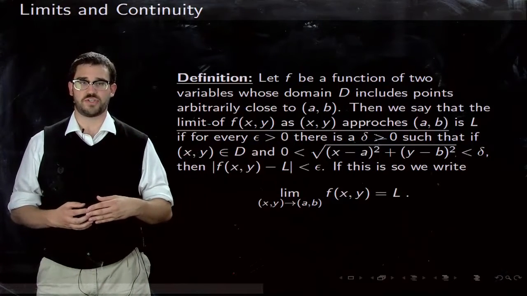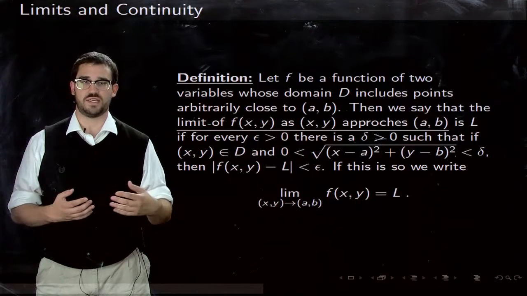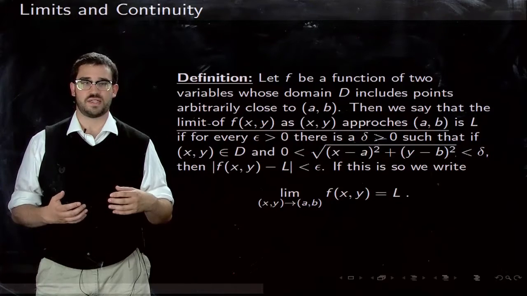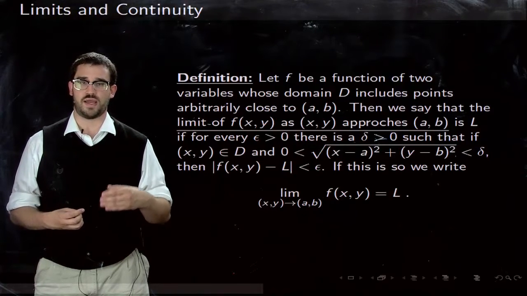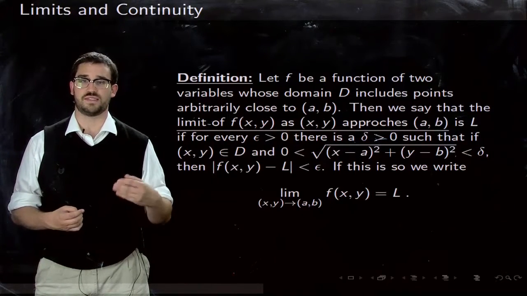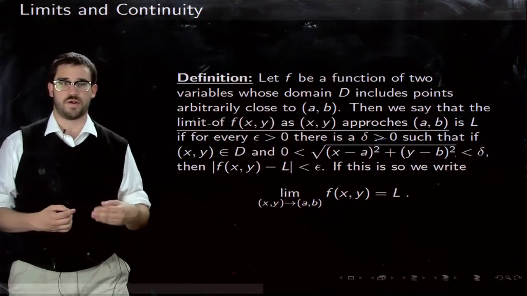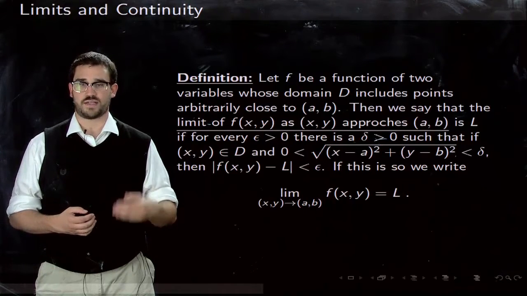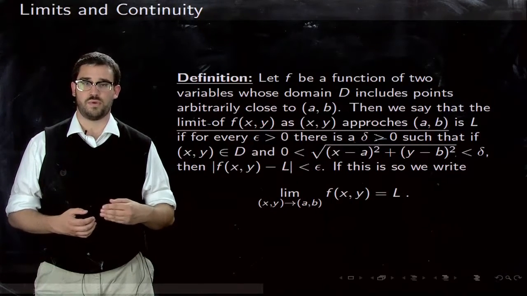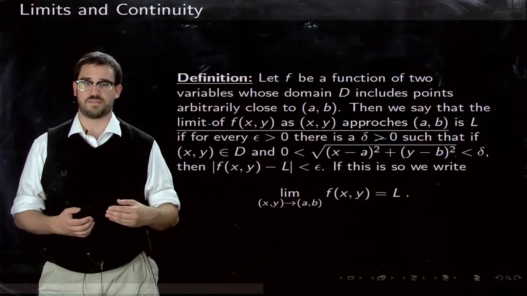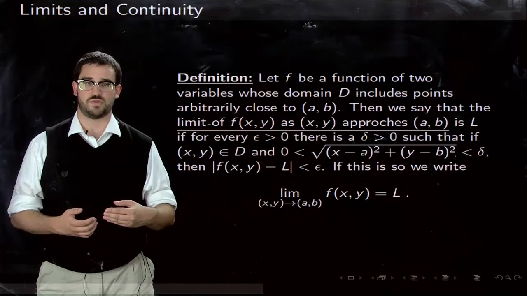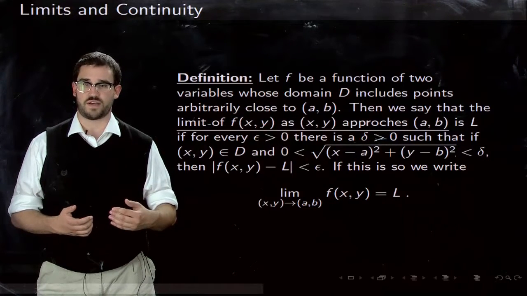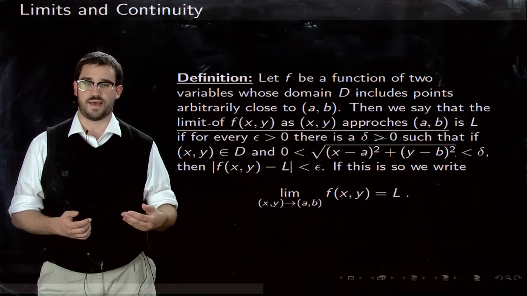Let f be a function of two variables whose domain D includes points arbitrarily close to (a, b). Then we can say that the limit of f(x, y) as (x, y) approaches (a, b) is L if for every epsilon greater than 0, there is a delta greater than 0 such that if (x, y) is in the domain and 0 is less than the square root of (x minus a) squared plus (y minus b) squared, which is less than delta, then the absolute value of f(x, y) minus L is less than epsilon.